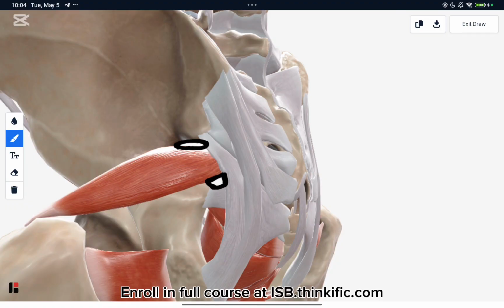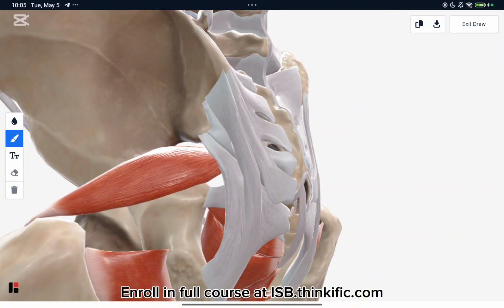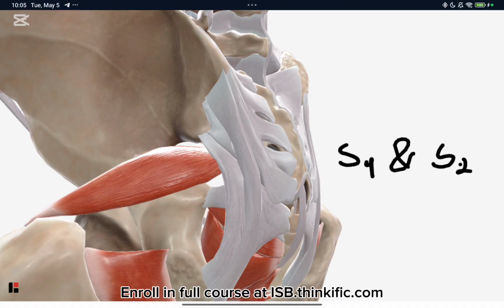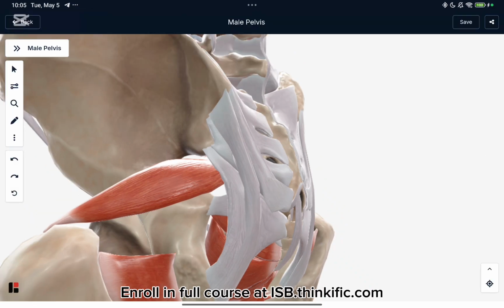Piriformis, so we know origin and insertion. The innervation, it has its own special nerves, right? Originating from S1 and S2, so it's supplied by sacral nerves S1 and S2. And the action is just like obturator internus because it has similar geometry of the muscle, right?